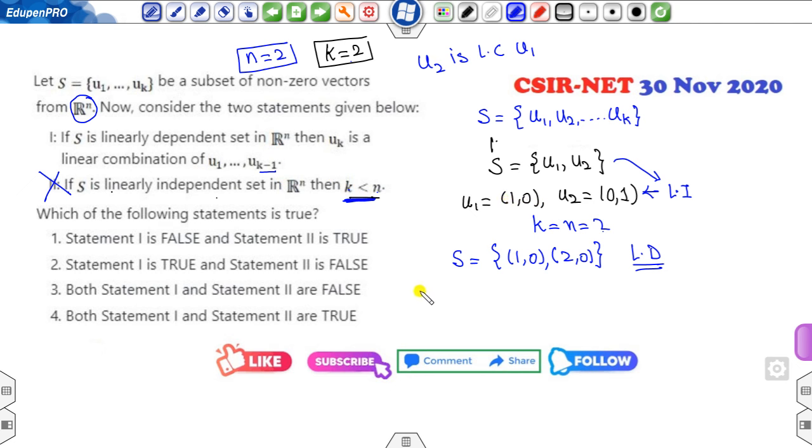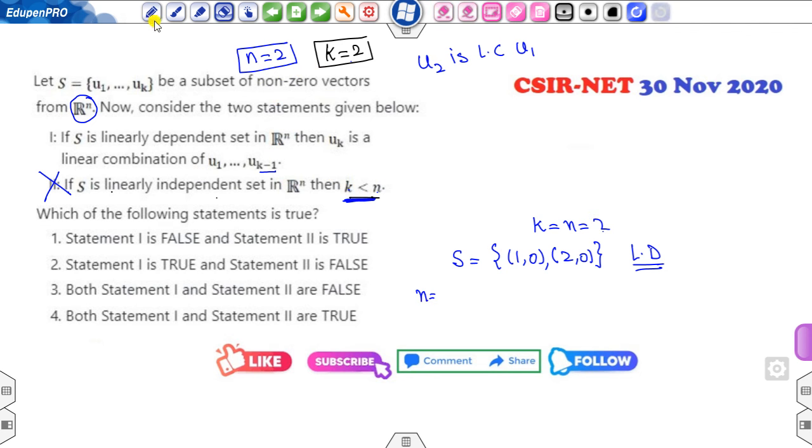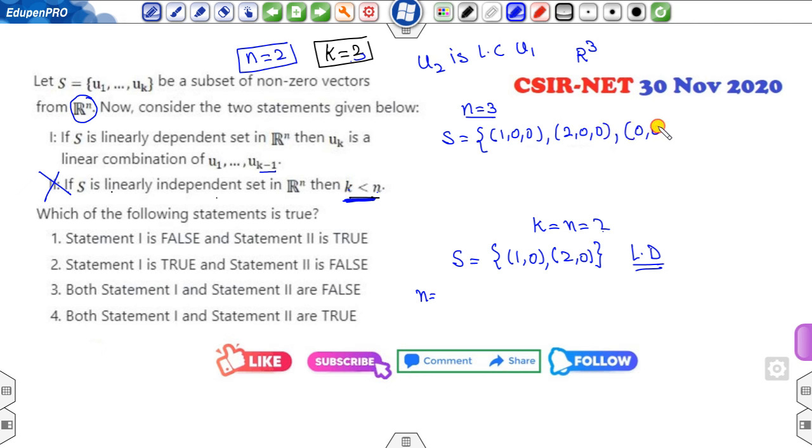Let me extend them because they are the same. I can choose n as 3, that is R cube, and k as 2. Then u1, u2 and u3. For u1, I can choose (2,0,0) and any other vector, say (0,0,1). Then clearly they are linearly dependent.